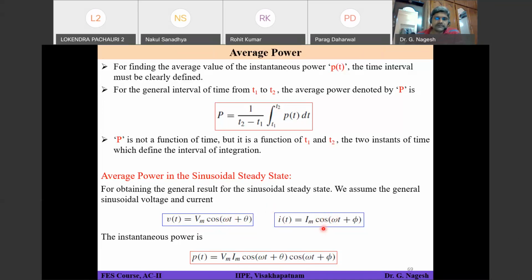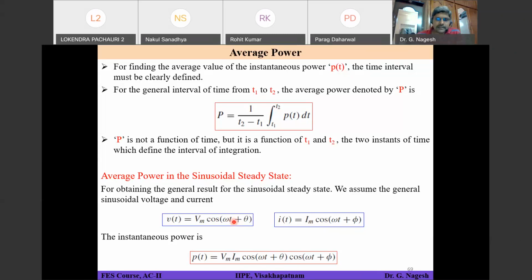So the time period for the current or voltage across any element in any part of the circuit is the same. If f is 50 hertz, time period T is 20 milliseconds. So this is called the time period for the circuit. Is it clear? Yes, sir.